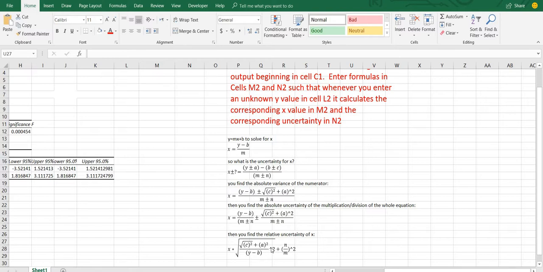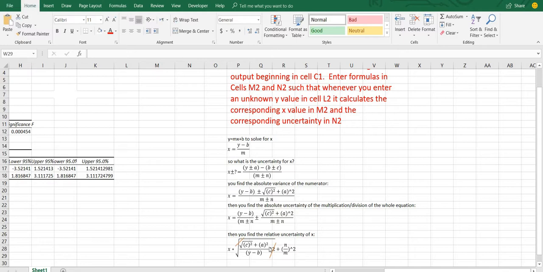Then it's all going to be under a square root, because that's how it is when you find the relative uncertainty. And all of this is squared under the square root, so the squared and the square root will cancel out, leaving it as it is.